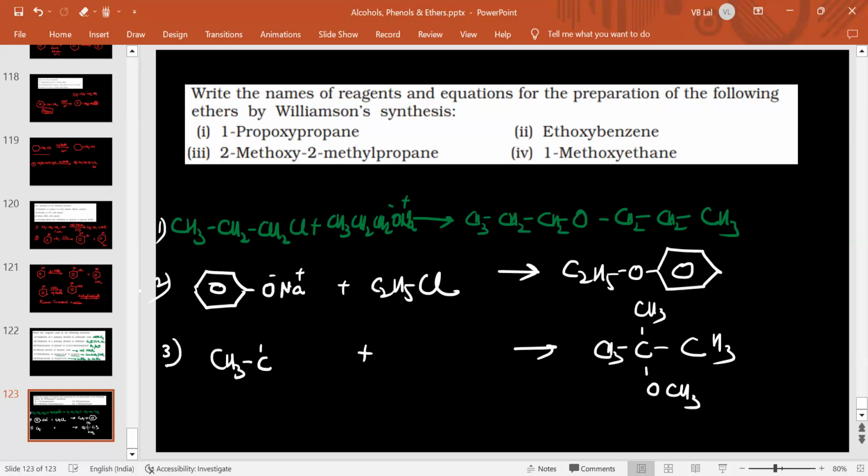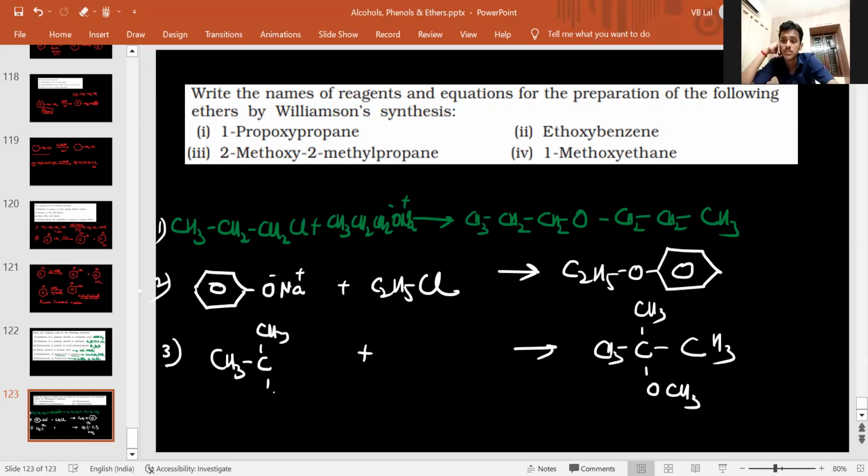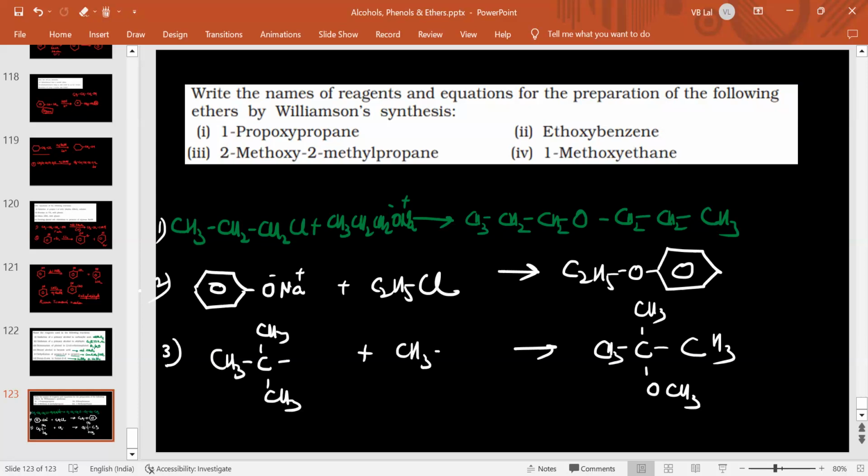Where will I put Cl and where will I put alkoxide? Alkoxide at CH3, Miss. No. This will be Cl and this will be ONa.